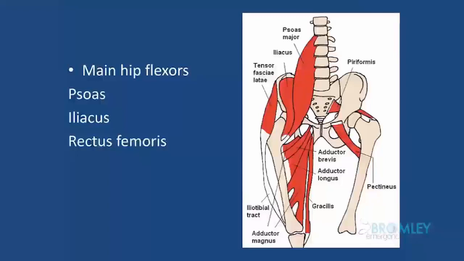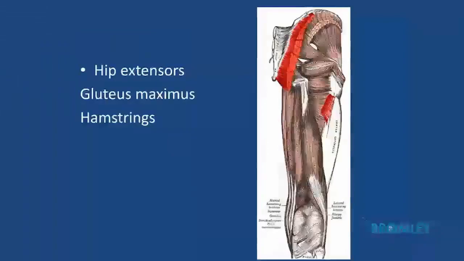It arises from the anterior inferior iliac spine, and then combines with the rest of the quadriceps before inserting into the patella. And because of its origin from the pelvis, it's also a hip flexor.